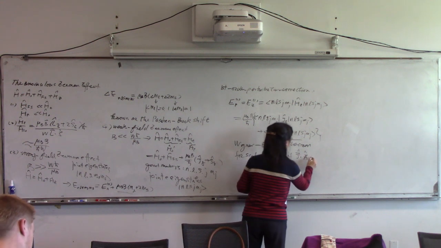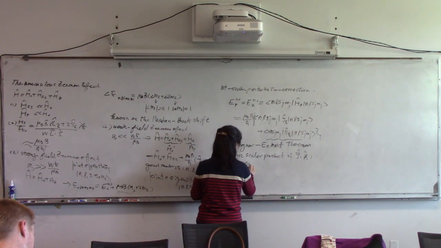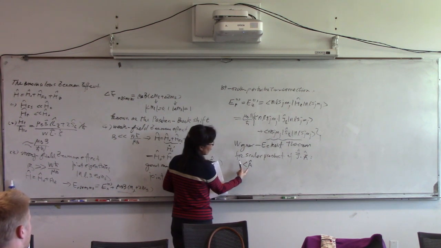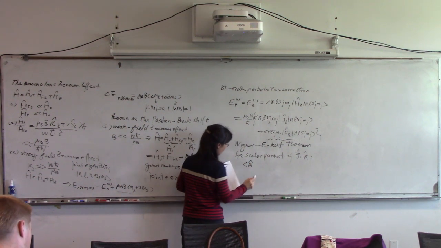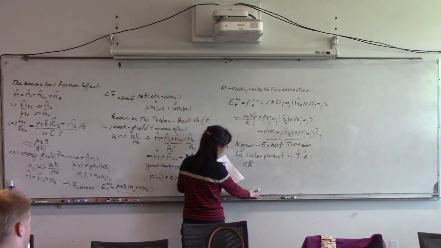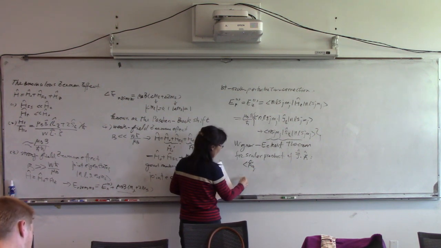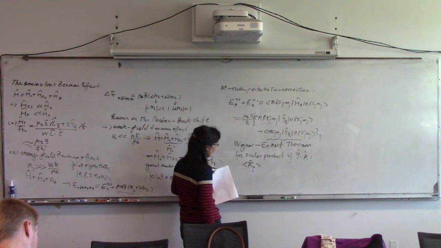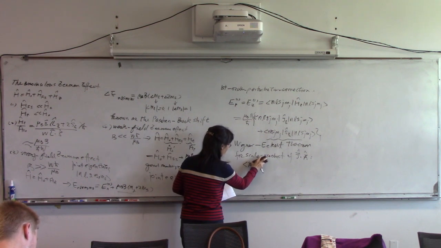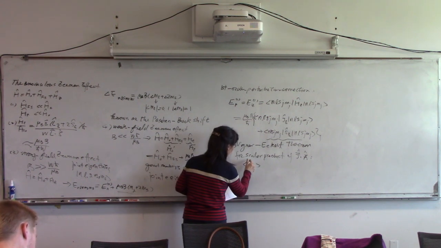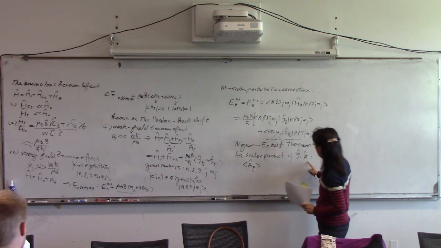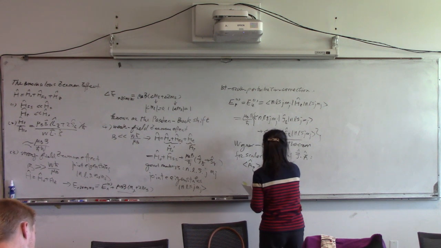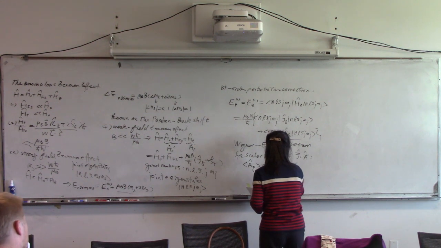For this case, how to apply this means if we want to calculate the average in any state of this vector, in this case its component, the Q component of this A vector operator, the expectation value of one component is equal to the expectation value of this inner product or scalar product.